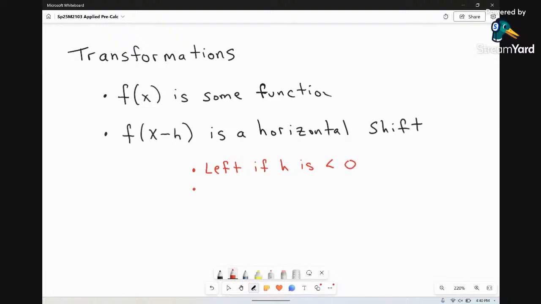To the left, if h is less than 0, and to the right, if h is greater than 0.